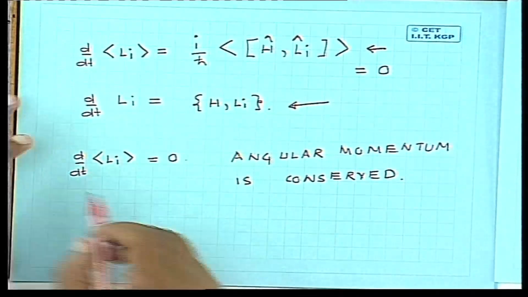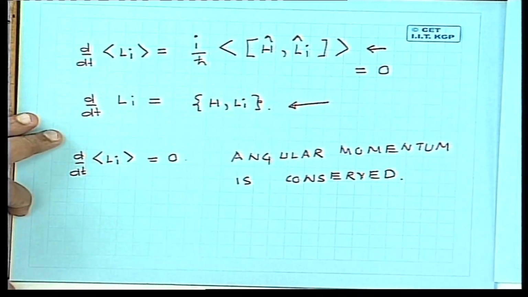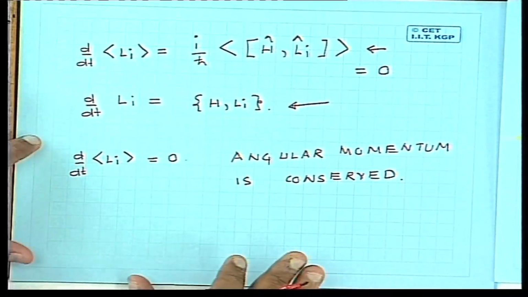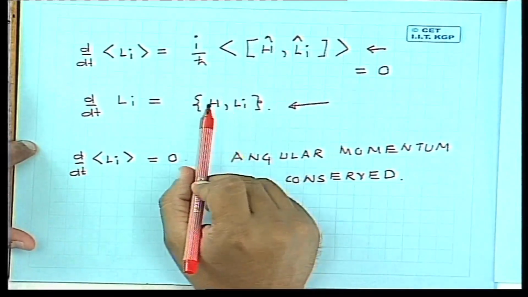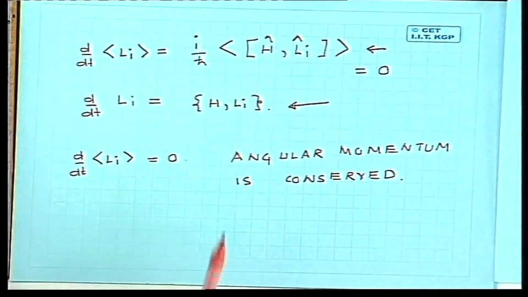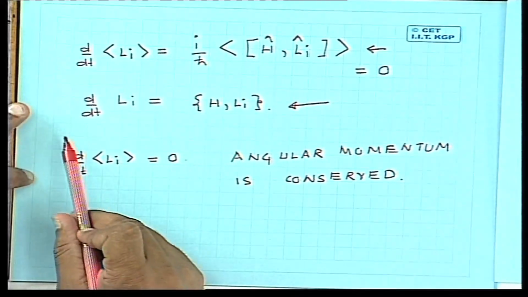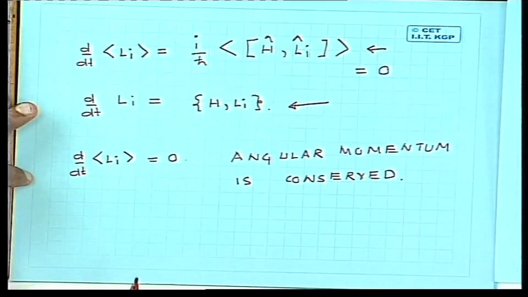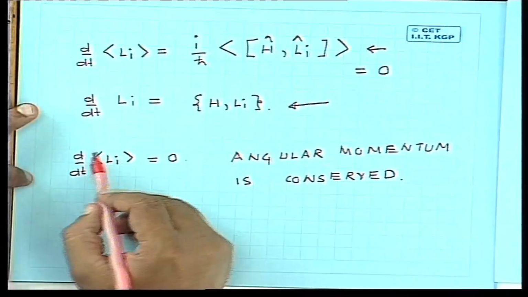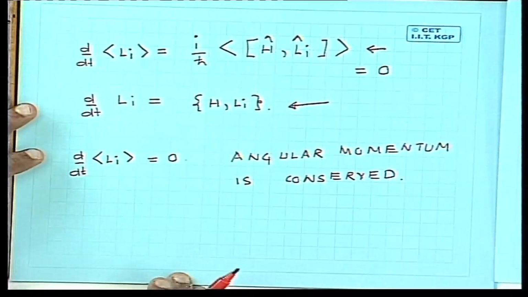So this is not only true for angular momentum. In classical mechanics, any quantity whose Poisson bracket with the Hamiltonian is 0 is conserved. Or you may say that for any conserved quantity in classical mechanics, the corresponding fact in quantum mechanics is that the expectation value of that quantity is conserved.